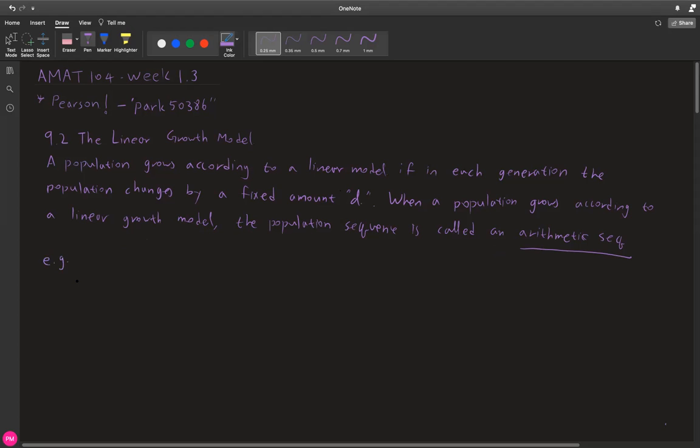So this is the example. Let's say a city is considering a new law that would restrict the monthly amount of garbage allowed in the local landfill.